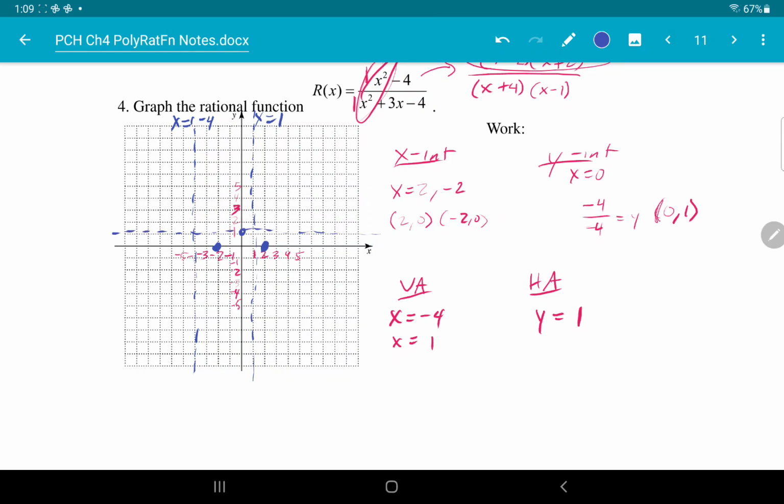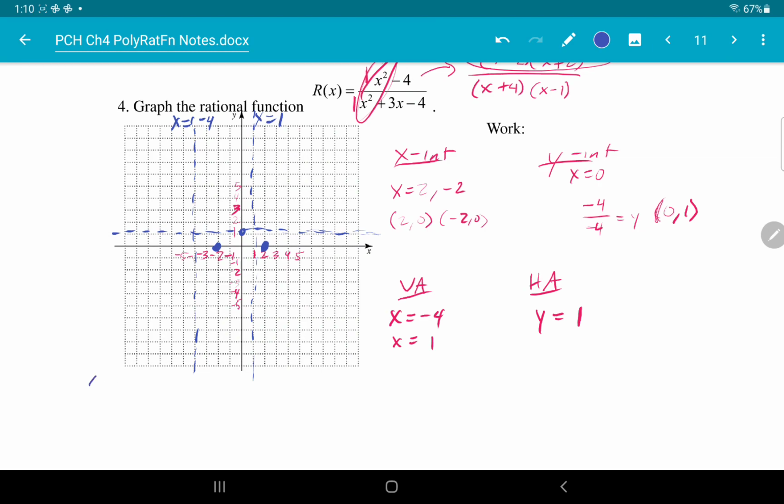Now keep in mind, you'll notice that the y-intercept at (0, 1) looks like it's intersecting the horizontal asymptote. And remember what we talked about: at least in the middle of the coordinate plane, right around the middle of your graph, it is okay for a function to pass through horizontal asymptotes. Horizontal asymptotes just show you end behavior.